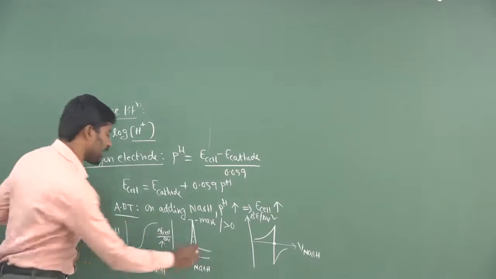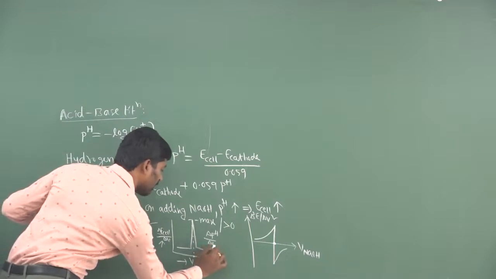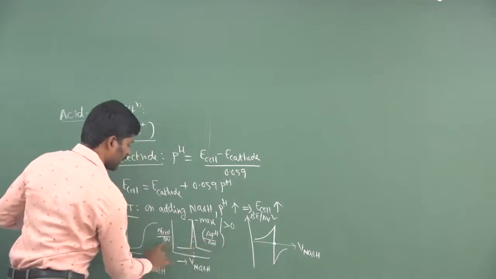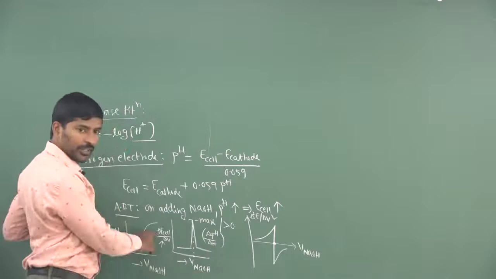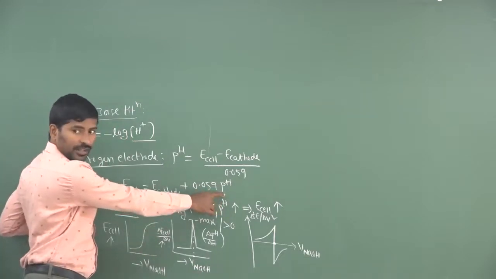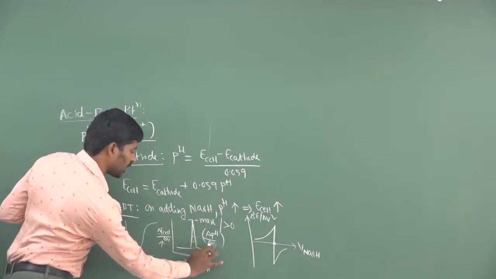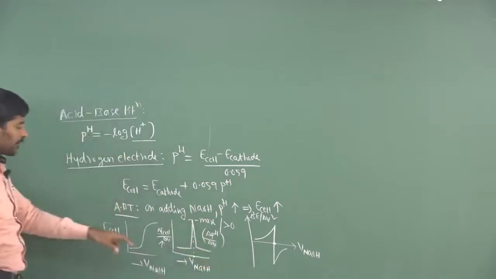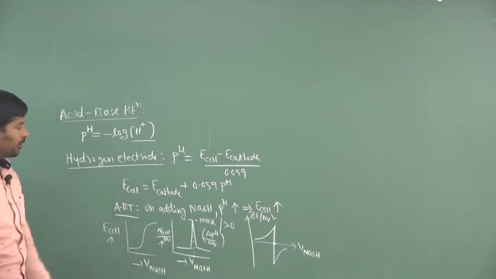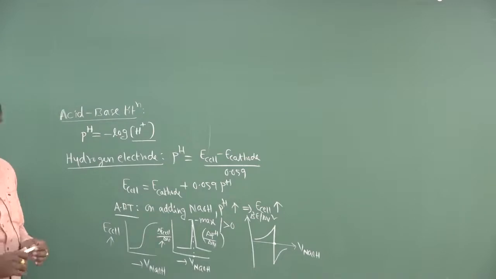Similarly, delta pH by delta V versus volume of NaOH, also we get same graph. Here E cell is changing since pH changes, right? So delta pH by delta V versus volume of NaOH, also we get same graph. This is by using hydrogen electrode.